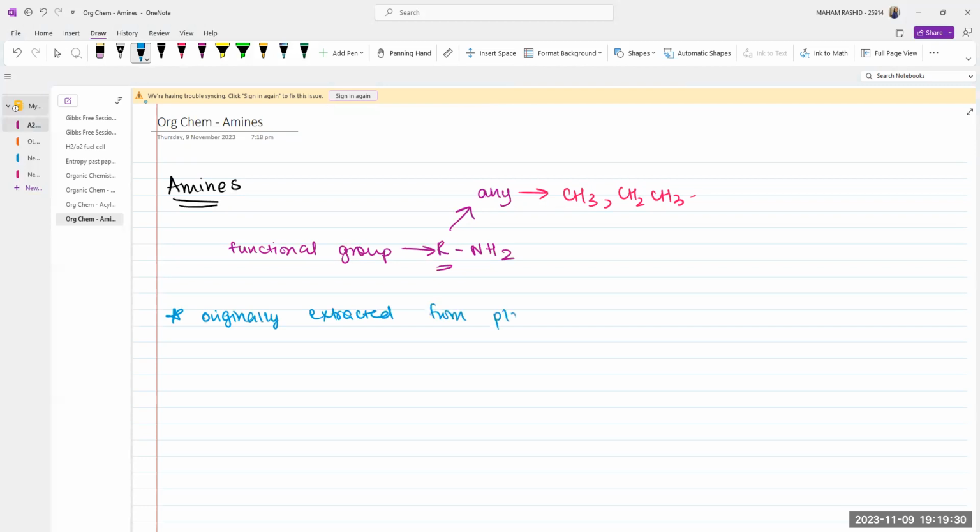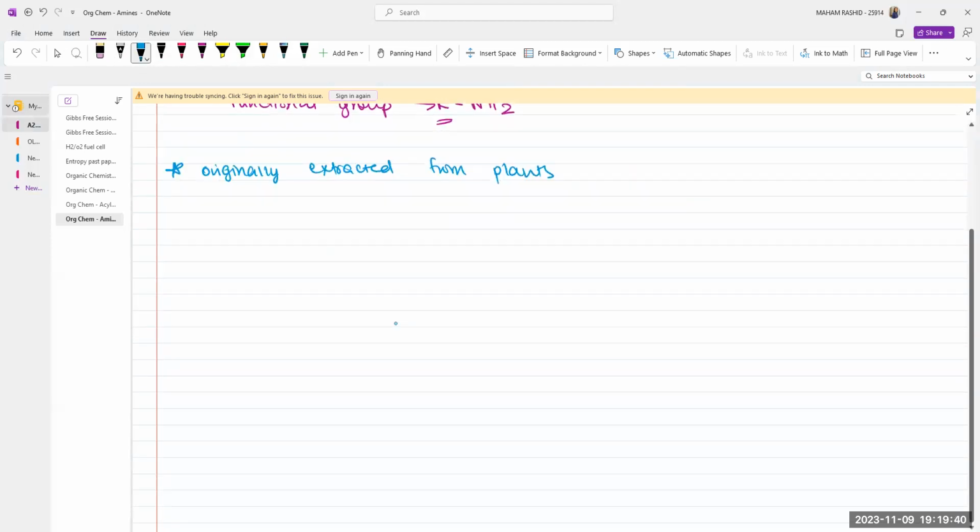These amines were originally extracted from plants. Okay, nothing to learn about that, it's just sort of an introduction.